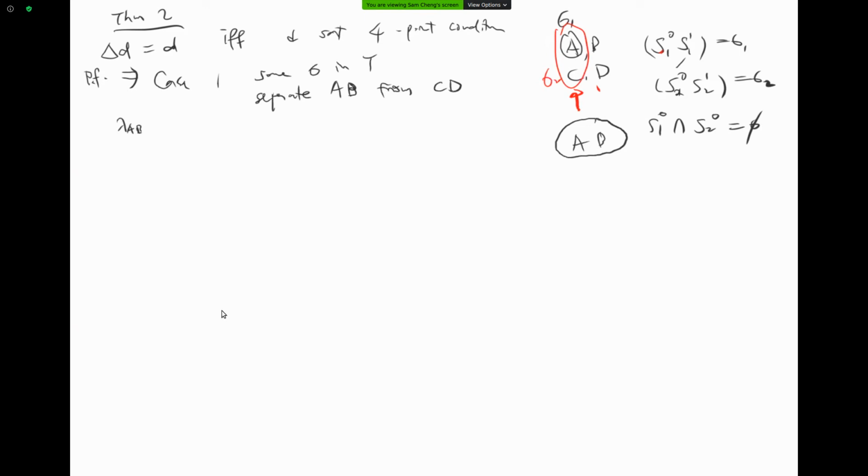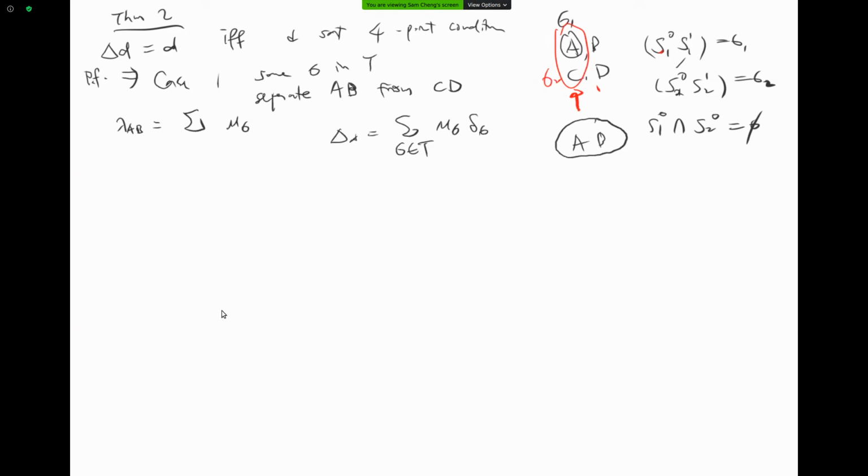I used this notation before in the other proof: lambda AB is the sum over all the mu sigma, and we remember that delta D is defined as the sum over sigma in T of mu sigma times delta sigma.